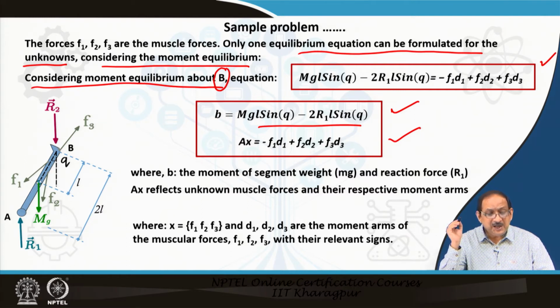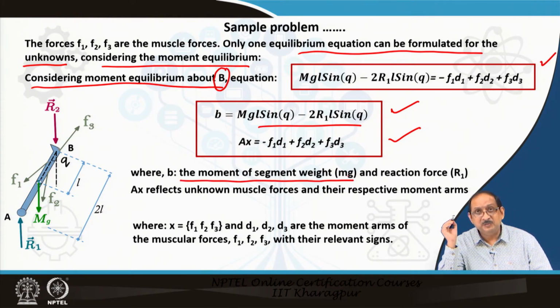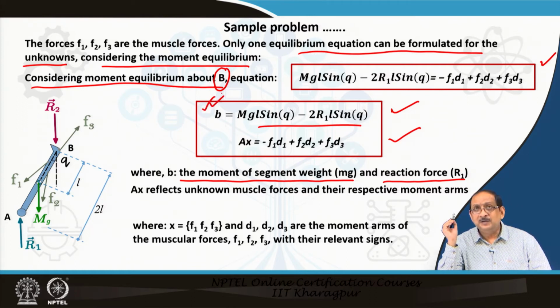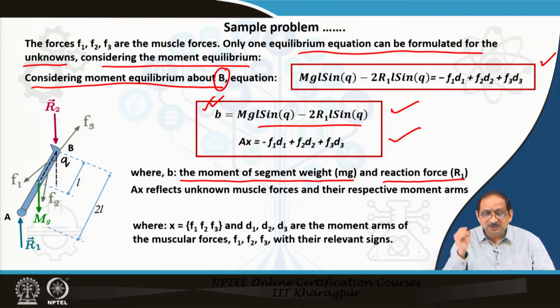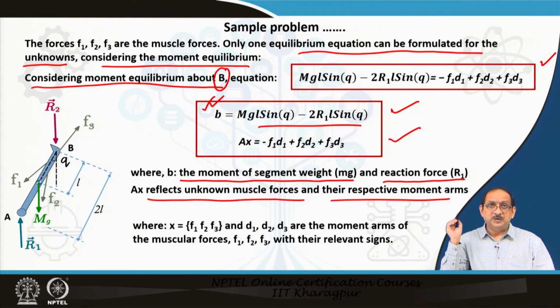So, the b and Ax terms of the Lagrangian function are represented here in the slide, where b actually contains the moment of the segment weight mg and the reaction force R1, as you can see already in the slide, whereas Ax reflects unknown muscle forces and their respective moment arms.